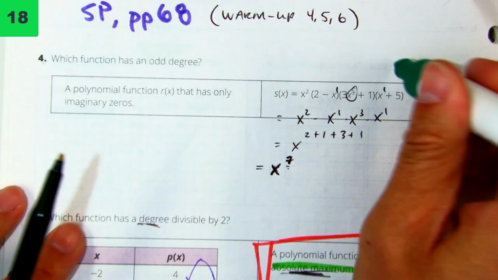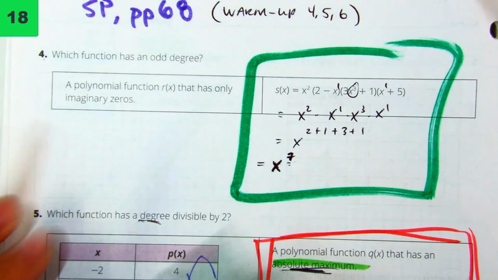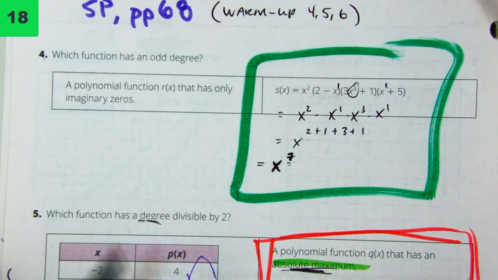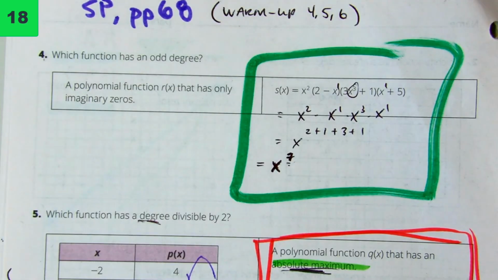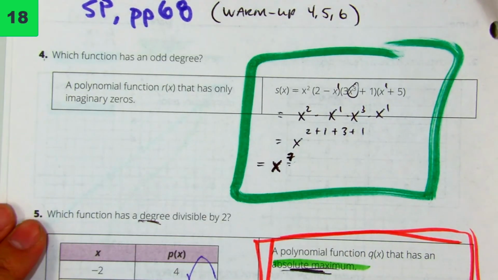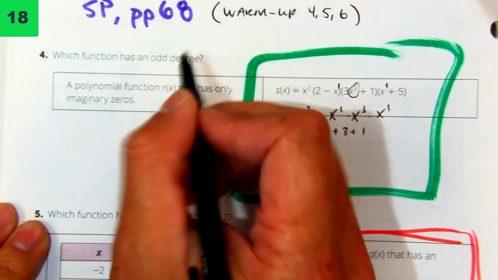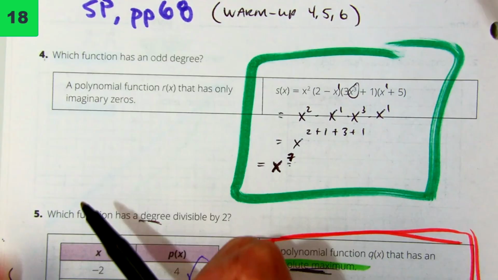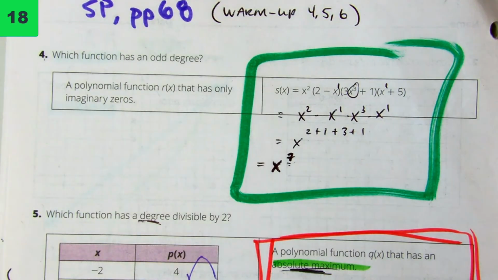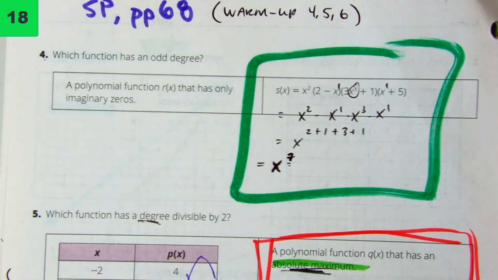Let's double check on this other side. Camille, can you pick another student to help us do the left side? Tony? Tony, read that for us. A polynomial function R of x that has only imaginary zeros. Tony, what do you know about imaginary zeros? That it doesn't touch the x-axis. Correct. And how many are there? 1 or 2?